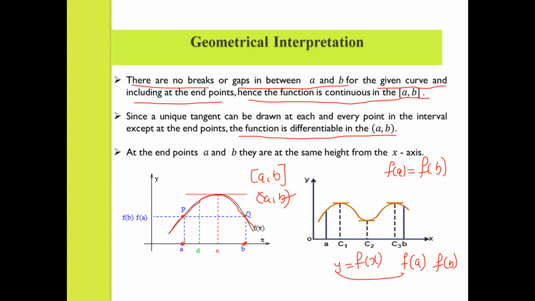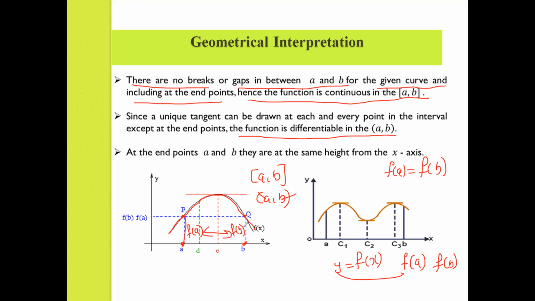If I draw one perpendicular line from the x axis to the curve, this acts as the height from the x-axis to the curve at the point A, and it is denoted by f of A. And again a perpendicular from the x-axis to the curve at the point B is denoted by f of B. So these two heights are the same.